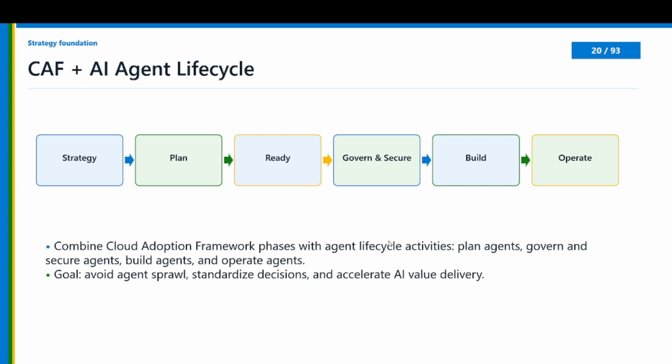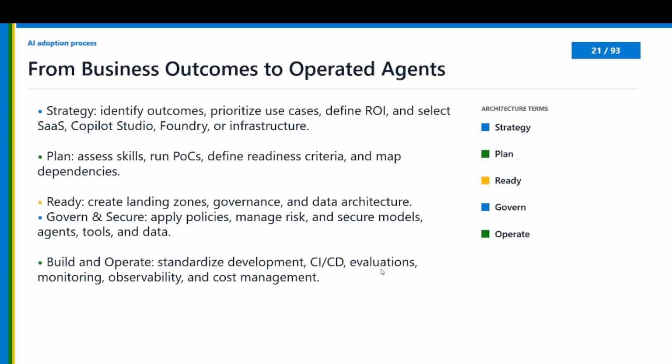And if the agent is built simply in Copilot, then you use Power Platform cloud adoption instead. Okay, and then you deploy using Power Platform pipelines and manage using application lifecycle management in Power Platform. That's ALM. From business outcome to operated agents.